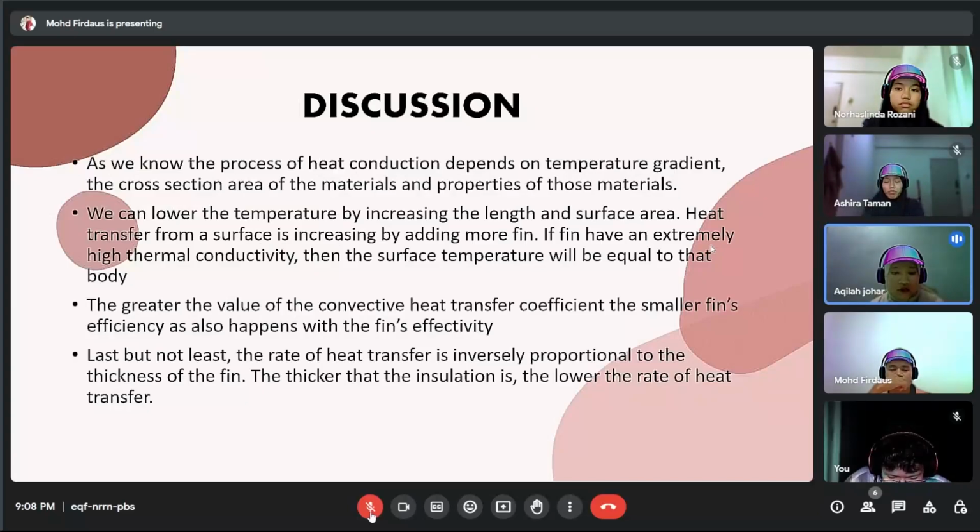The greater the value of the convective heat transfer coefficient, the smaller the fin's efficiency, as also happens with the fin's effectiveness. Last but not least, the rate of heat transfer is inversely proportional to the thickness of the fin. The thicker the insulation is, the lower the rate of heat transfer.